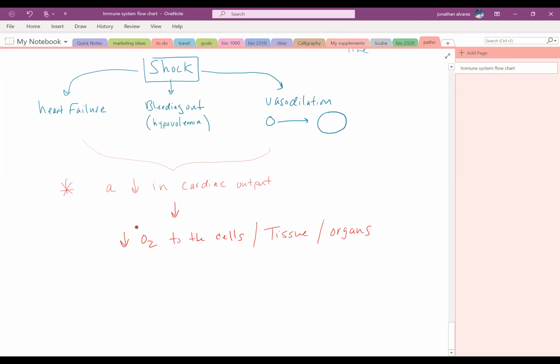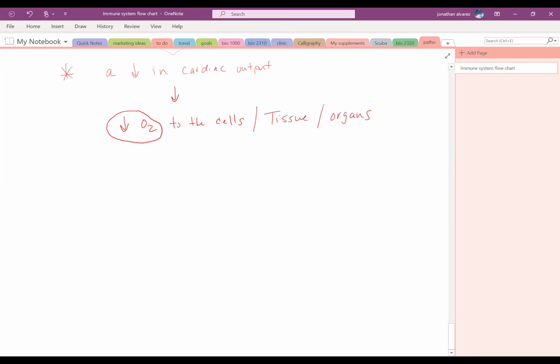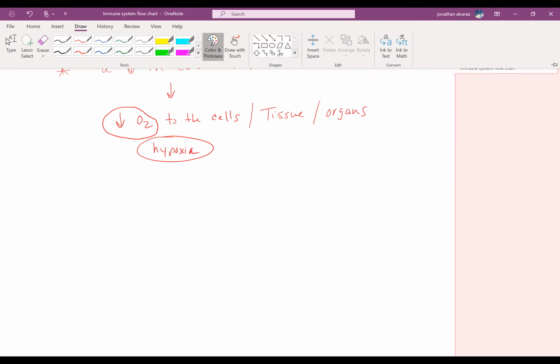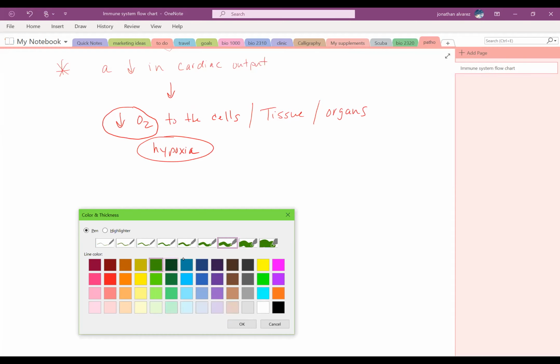Okay, so this decreased oxygen is basically hypoxia. Okay, and then hypoxia causes a bunch of problems.